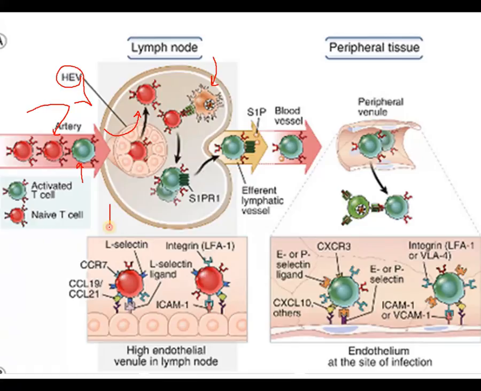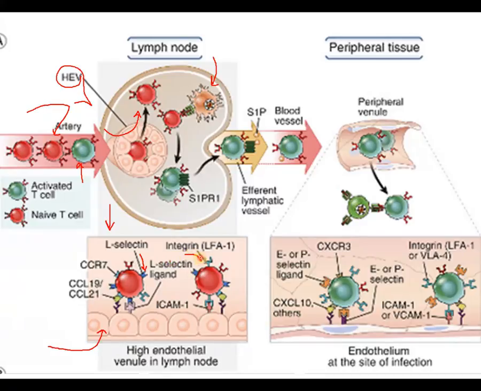I'm going to point out that the molecules that were just described in text, some of them are shown here, to really get you thinking about what is expressed on the high endothelial venule in the lymph node and what is expressed on the T lymphocyte in its naive form. So you'll notice that L-selectin is expressed on the T lymphocyte.